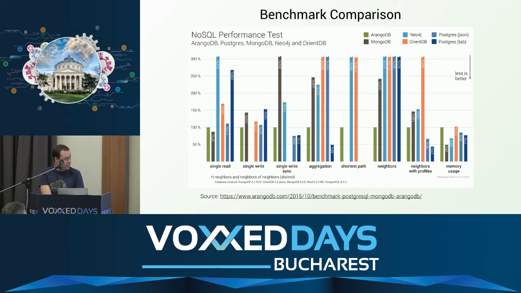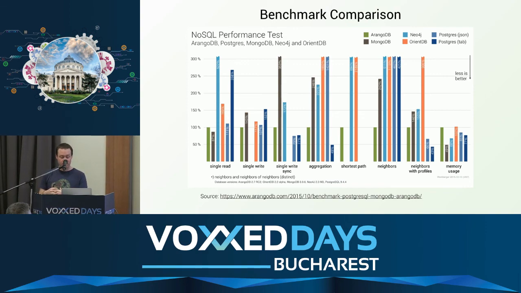Postgres is very, very good here, but only if you use the tabular way, where you define that age is an integer, because they can make some optimizations since they know it is an integer. For us, as a schema-free data store, we do not know that all our documents have this age attribute, and we do not know that it is always an integer. So we cannot do these optimizations they can do. If you go to JSON in Postgres, they're actually way slower.